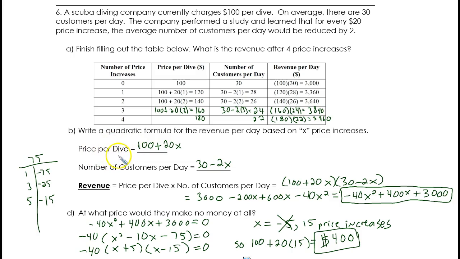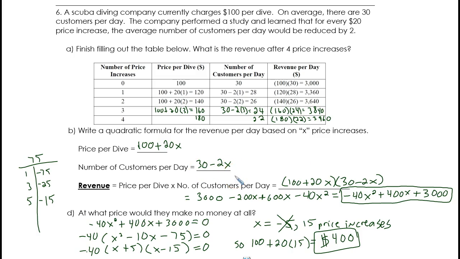Well, the second part here after filling out the table is to identify the formula that relates back to this situation by using x as the number of price increases instead of 1, 2, and 3. So you might have noticed that we had 100 plus 20 times the number of price increases. That's 100 plus 20x for the price per day. The number of customers is 30 customers minus 2 times the number of price increases, so 30 minus 2x.